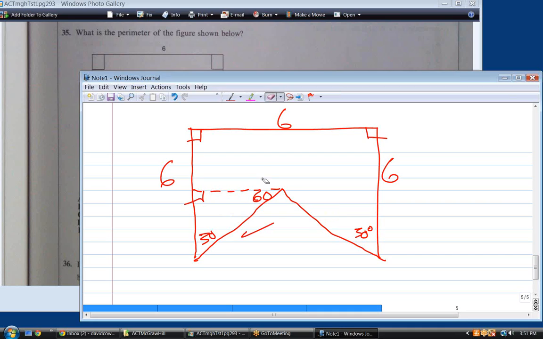When I did it my way, I knew this was 3, because I knew this had to bisect that from the drawing. So once you figure out that's 3, you can figure out that that's 6 using similar triangles. But your way was actually a little nicer.